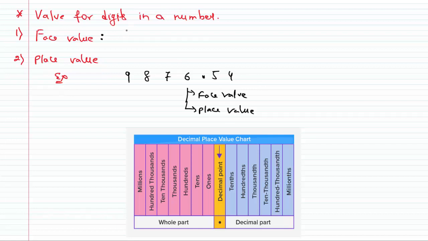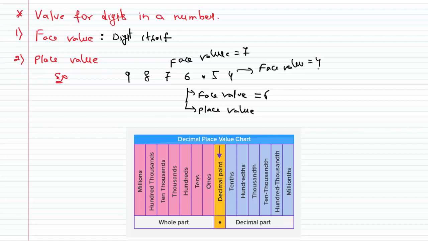The face value of a digit in a number is the digit itself. It means face value of 6 is 6, face value of 7 is 7 and face value of 4 is 4. But to know the place value, we need to know the place value table for the decimal number system.